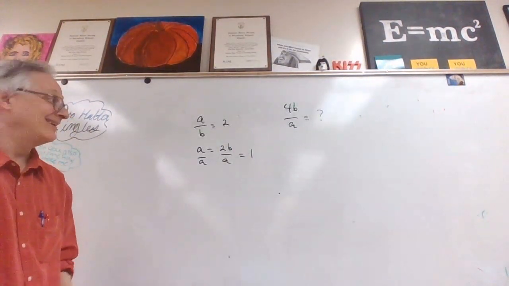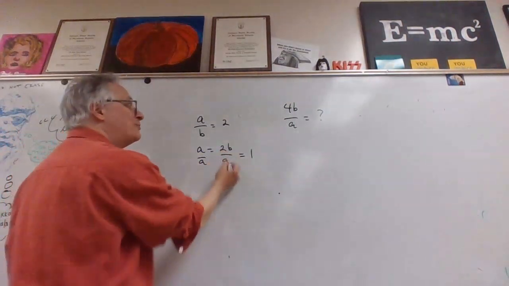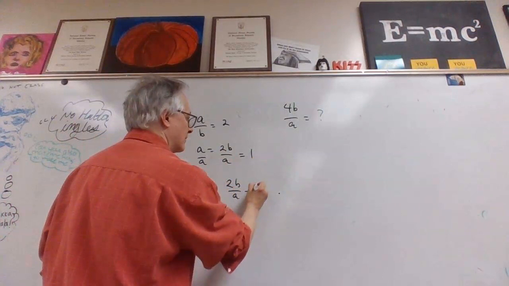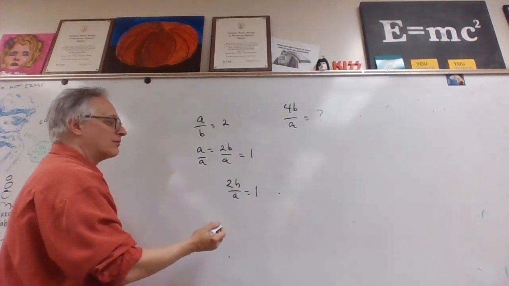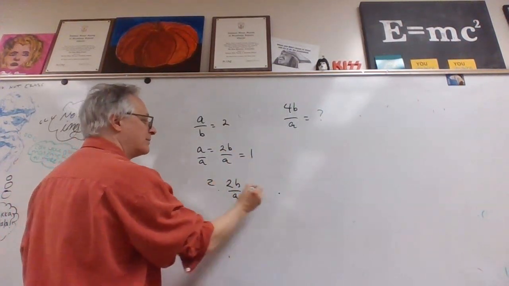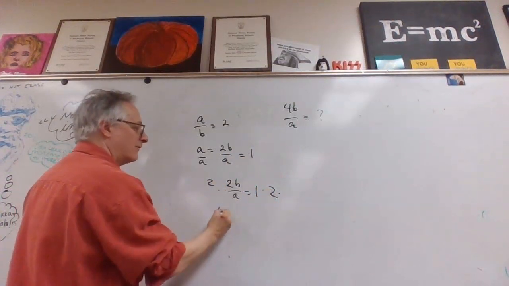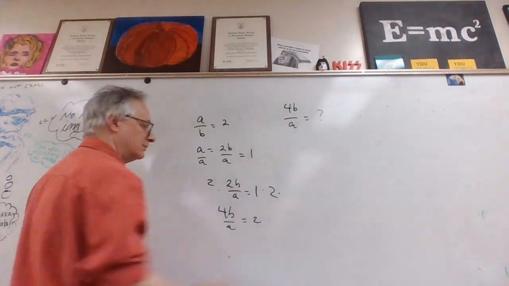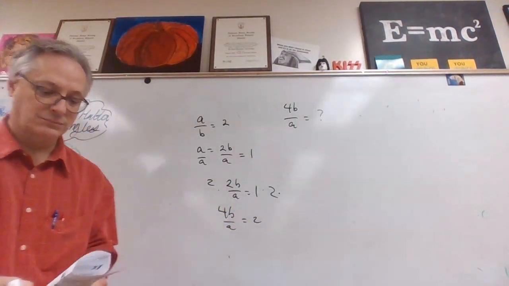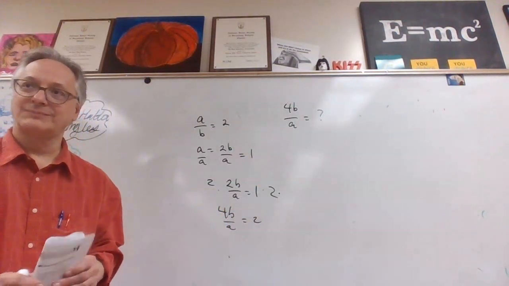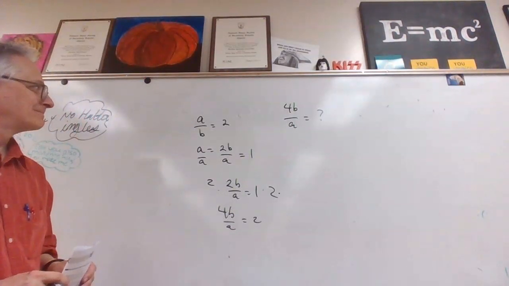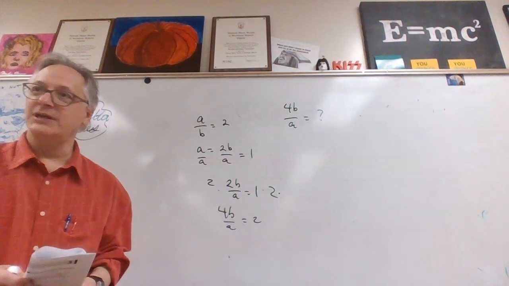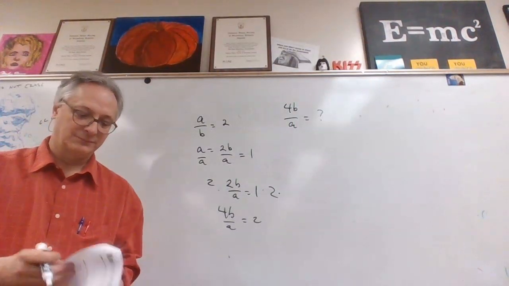And so if 2b over a is equal to 1, I want to get 4b over a, I'd multiply both sides by 2. 4b over a is equal to 2. Kind of interesting. Interesting one.